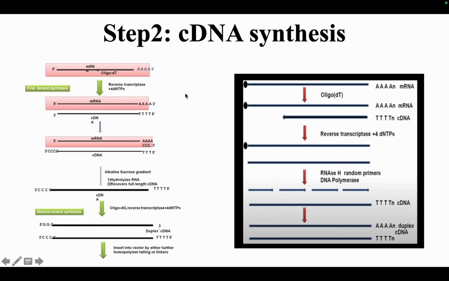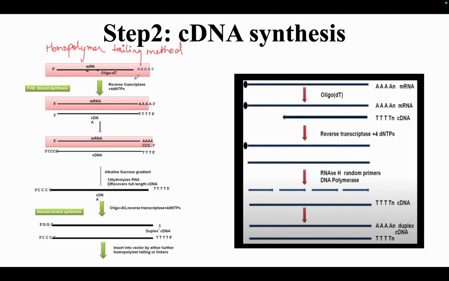Again, the cDNA synthesis is pretty much the same. cDNA synthesis is of two types. The first type is homopolymer tailing. In this method, what do we do?